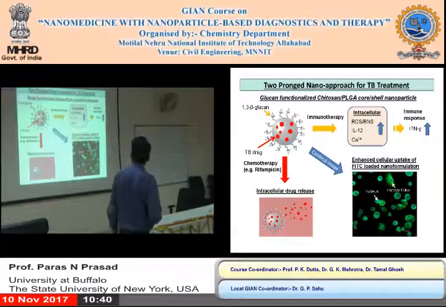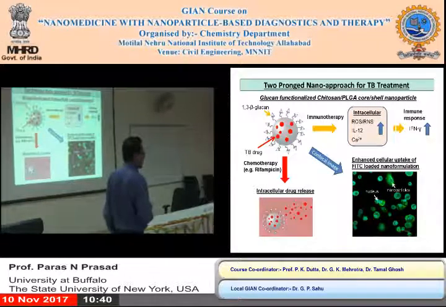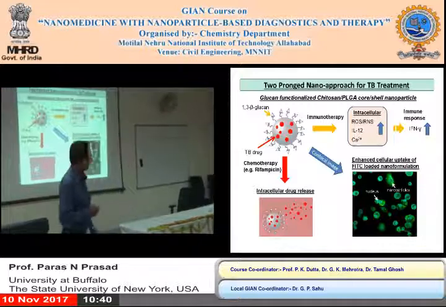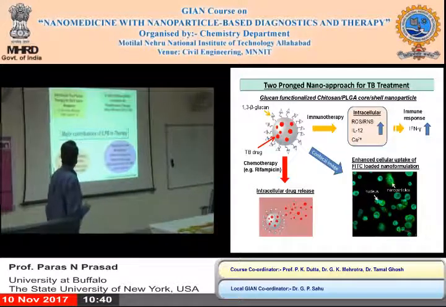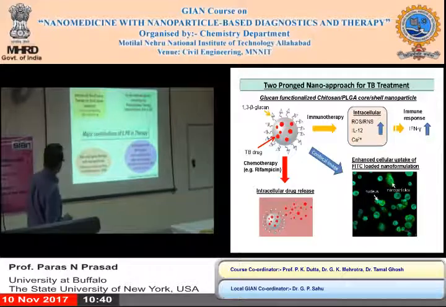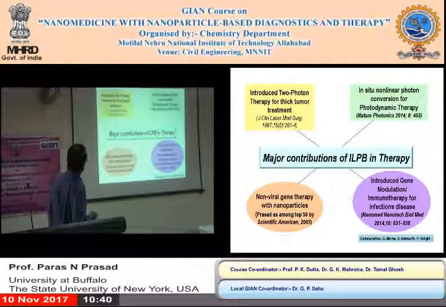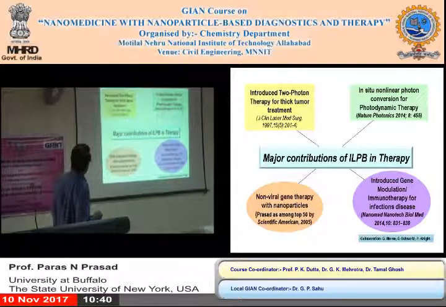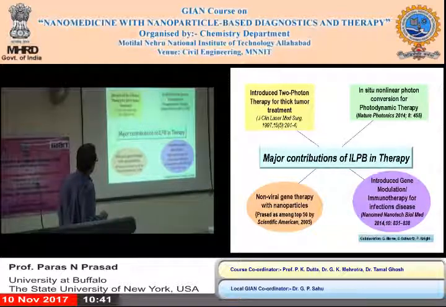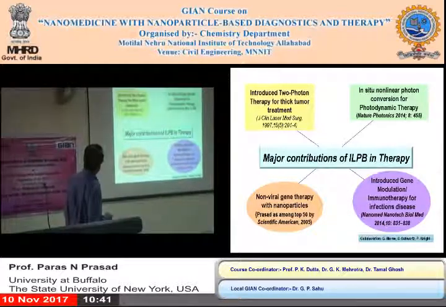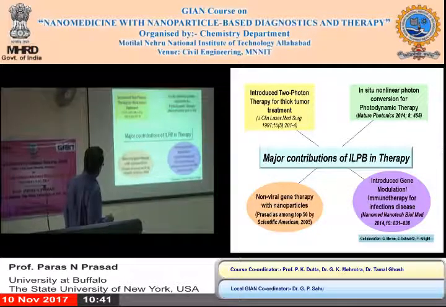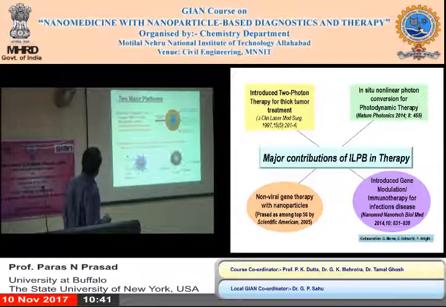So we showed that both immunotherapy and chemotherapy work together using this method. And this just shows the highlights of some of the things that our institute has produced: taking thick tumor, photodynamic therapy by upconversion, gene therapy, gene modulation, immunotherapy. So you can read that.